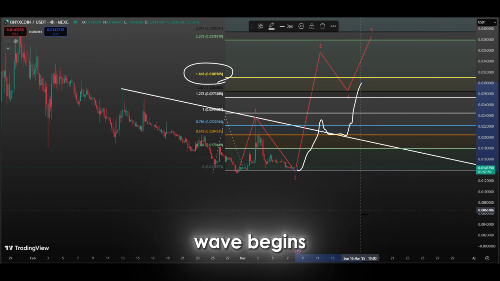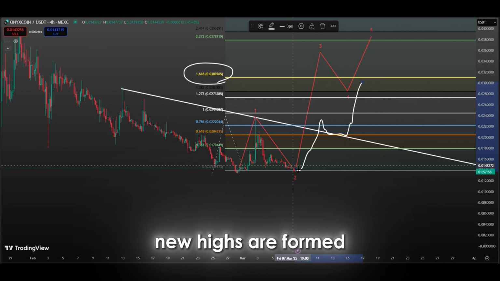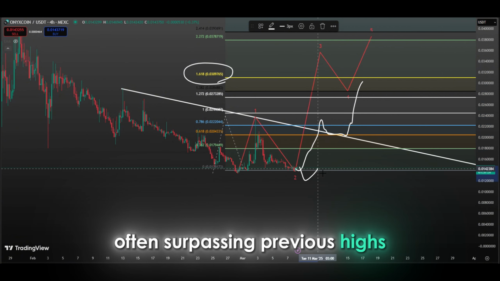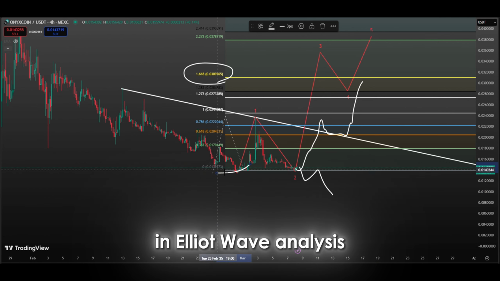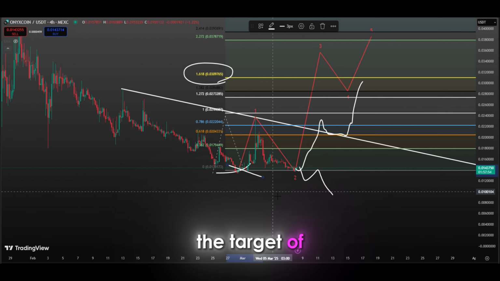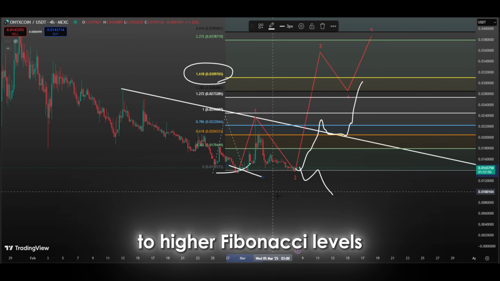When the third wave begins, price action accelerates, momentum increases, and new highs are formed, often surpassing previous highs. Fibonacci levels are an important indicator at this point. In Elliott wave analysis, the target of the third wave is usually set at the 1.618 Fibonacci level, and this point is a minimum level. And if we can see more voluminous candles, there is a chance to go to higher Fibonacci levels.